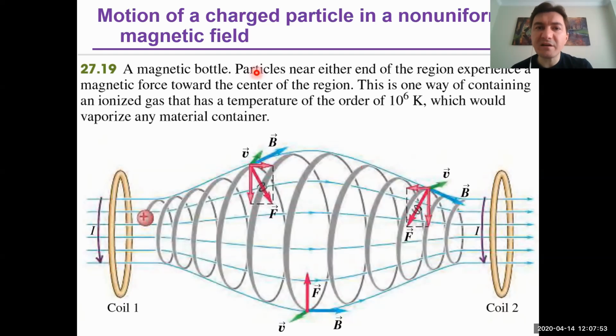So particles near either end of the region experience a magnetic force toward the center of the region. Force is always toward the center of the region. So for this reason, you can trap the charge within that magnetic bottle. So what about the application of this one? This is one way of containing an ionized gas that has temperature of the order of 10^6 Kelvin.